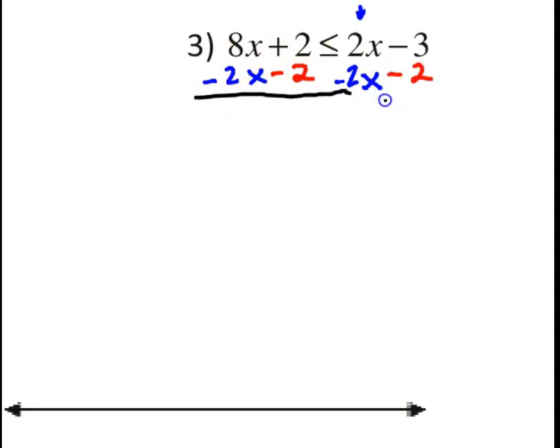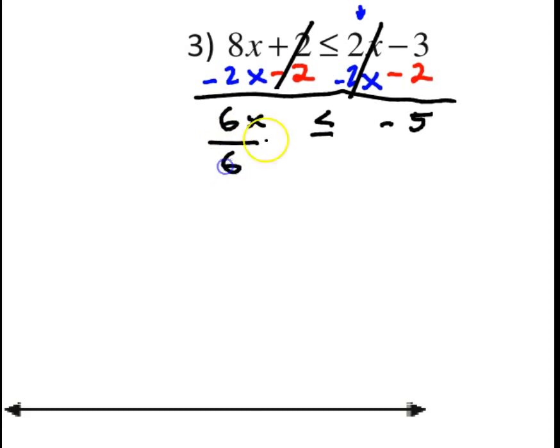Okay, so the goal here was to get rid of the numbers here on the left and the variables here on the right. So I'm just left with variables here and the numbers here. Okay, so 8 minus 2 will get 6 times what is less than or equal to -5. Okay.